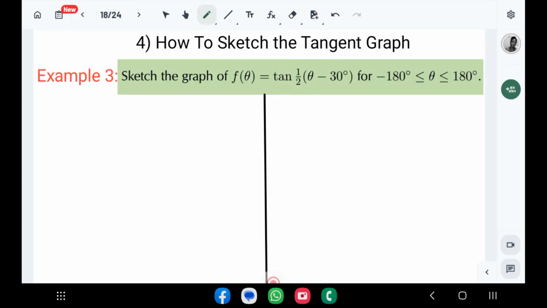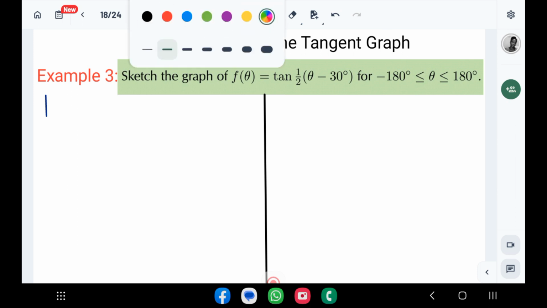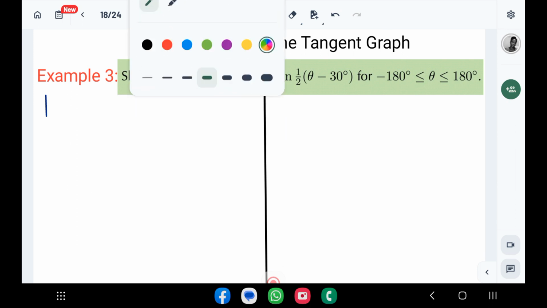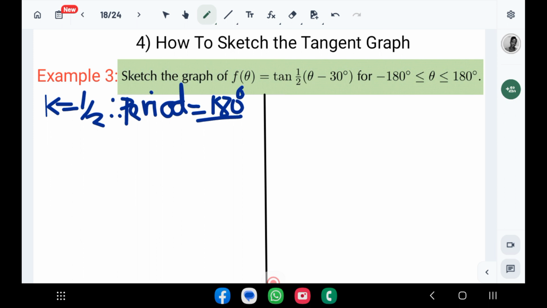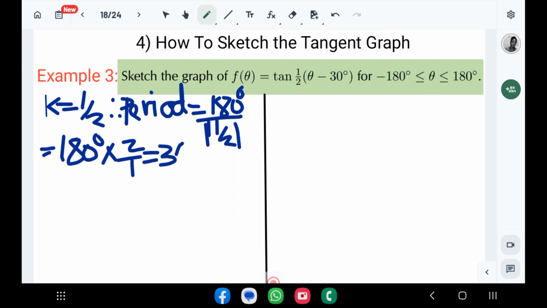Your k equals 1 over 2, meaning that therefore the period equals 180 divided by the absolute value of a half, which is equal to 180 multiplied by, you flip this upside down, 2 over 1, which is 360 degrees.